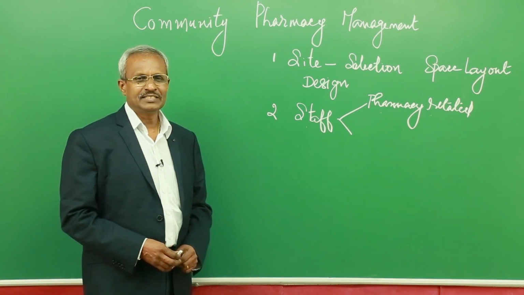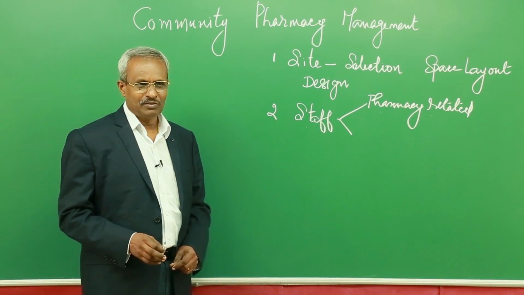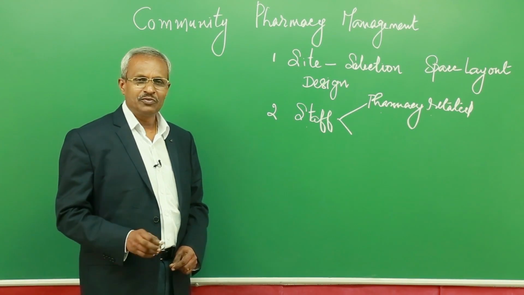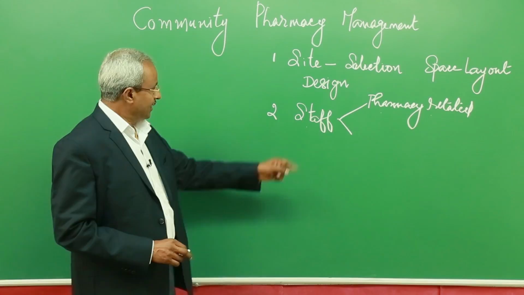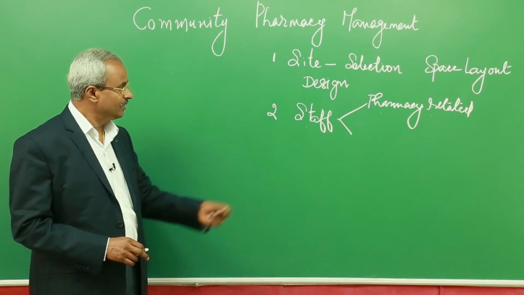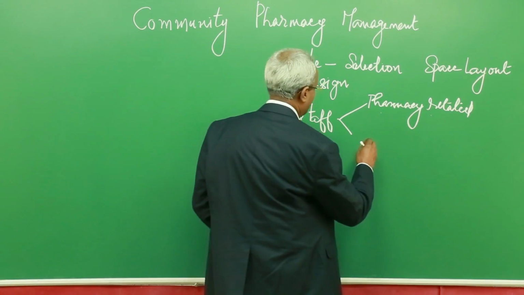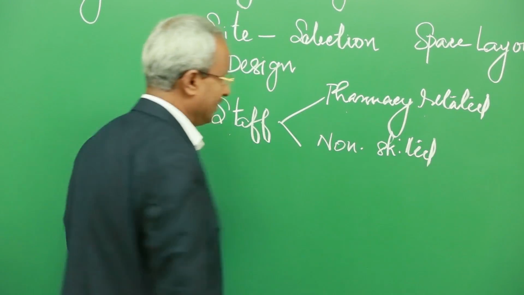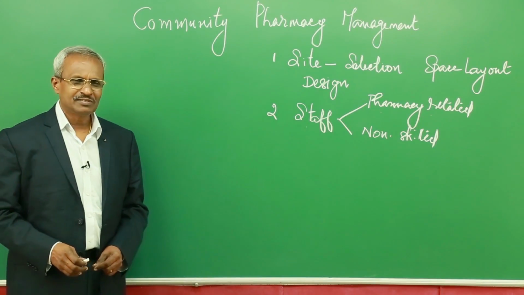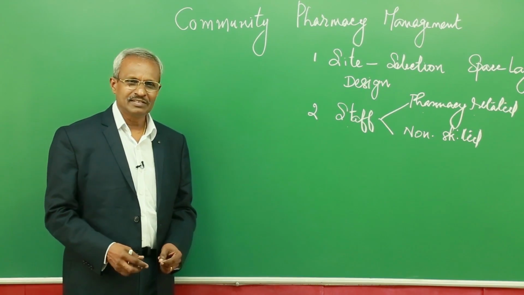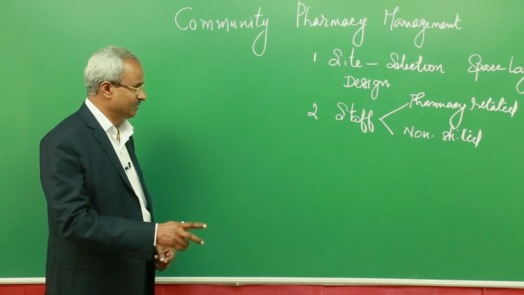Second, technicians or skilled people who can help the pharmacists in performing their duties perfectly. And apart from this pharmacy related personnel, we can have the other category called non-skilled or unskilled people. Quite often they are used for opening the cartons or cleaning certain containers, vessels, etc.